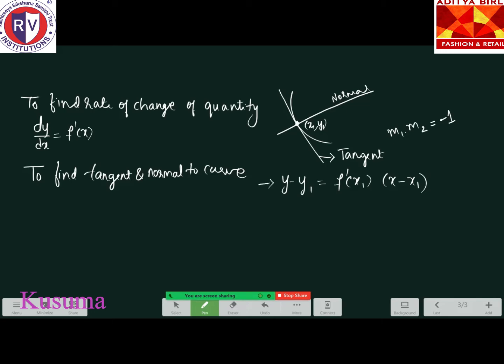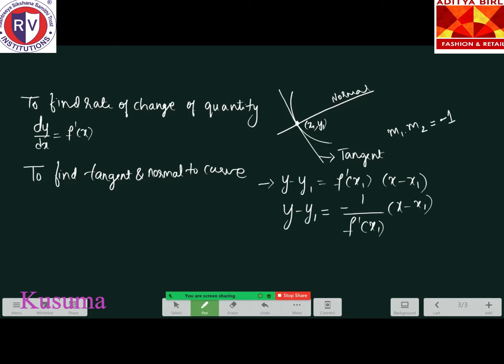So if this is the equation of the tangent, then the equation of the normal will be y minus y1 equals minus 1 by f dash of x1 into x minus x1. So this will be the equation of the normal to the curve.